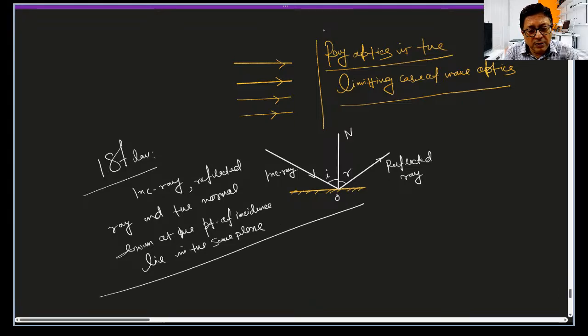This is the first law, and the second law is that i equals r. The angle of incidence equals the angle of reflection.